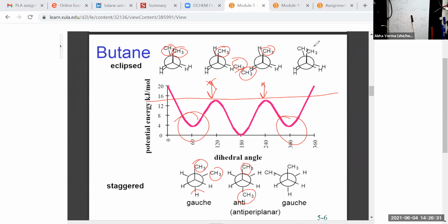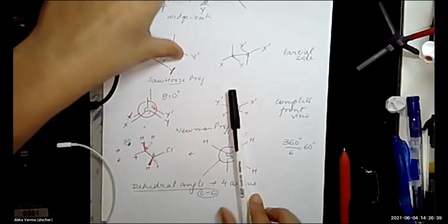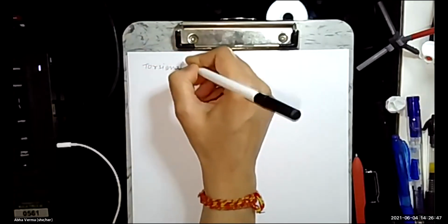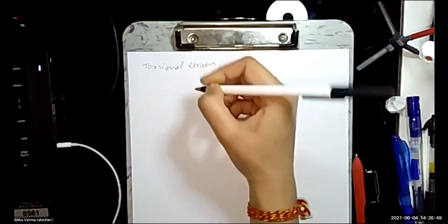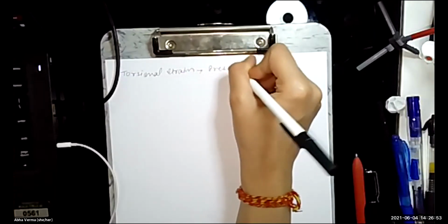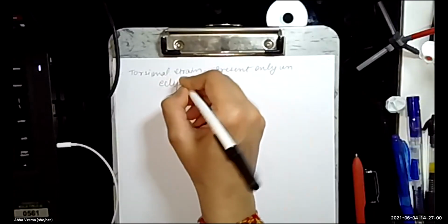So today we are going to learn about two new strains. One of them is known as the torsional strain and the other is the steric strain. So torsional strain is present only in eclipsed conformations.